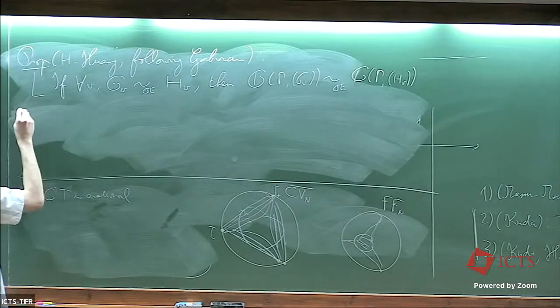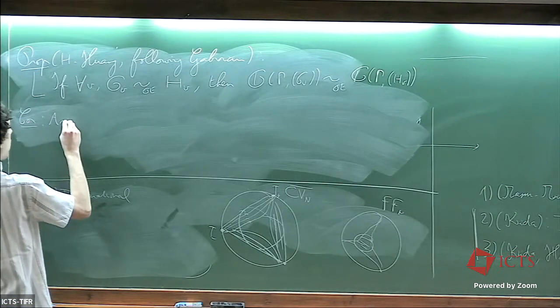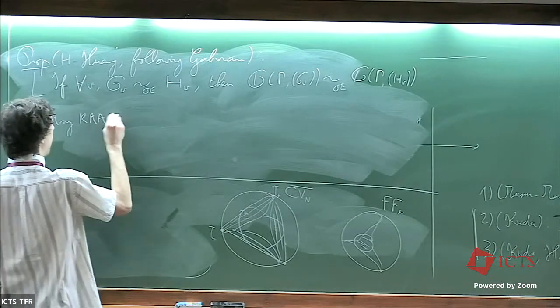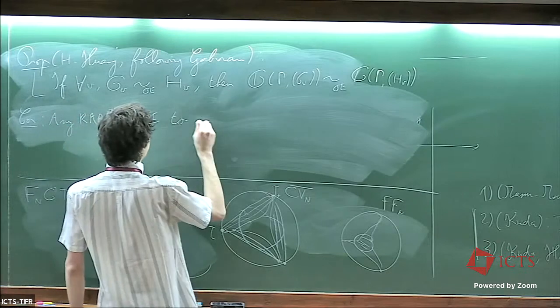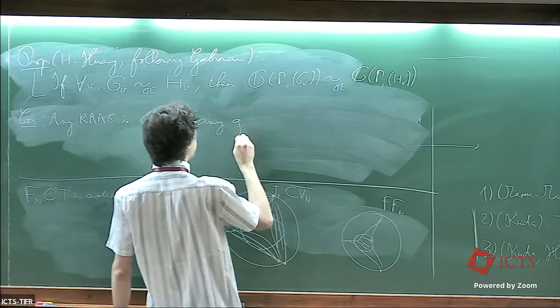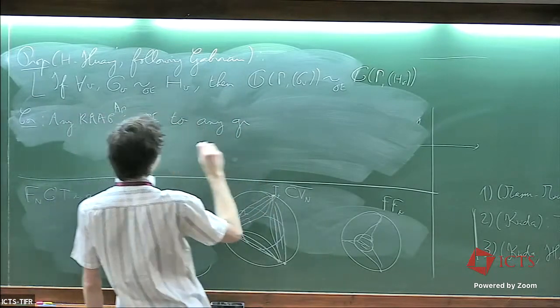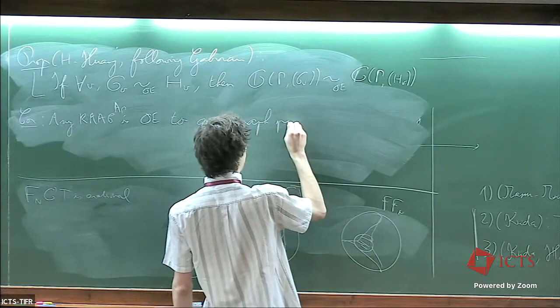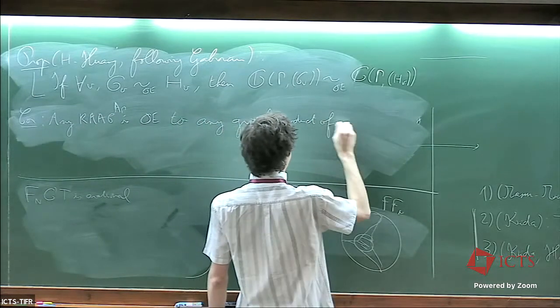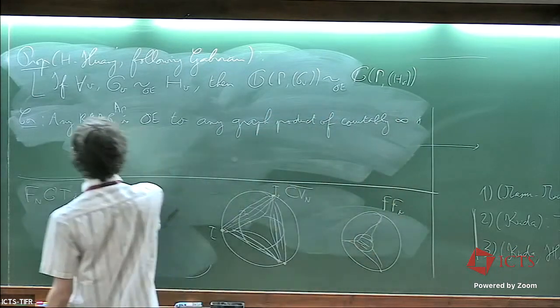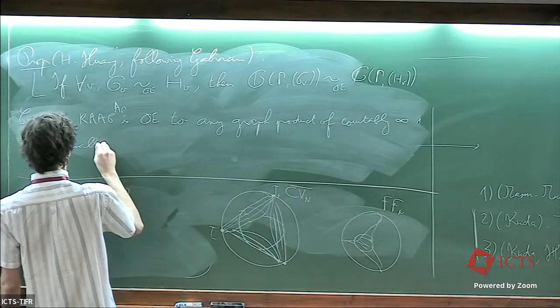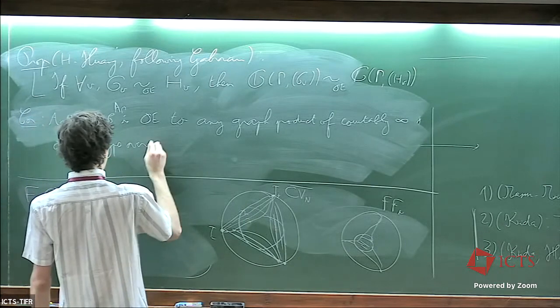In particular, any RAAG A gamma is measure equivalent and even orbit equivalent to any graph product of countably infinite amenable groups over gamma.